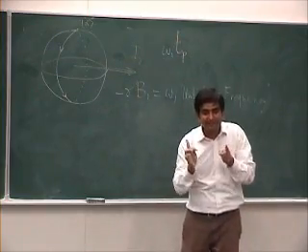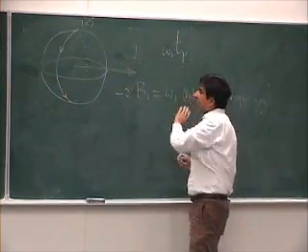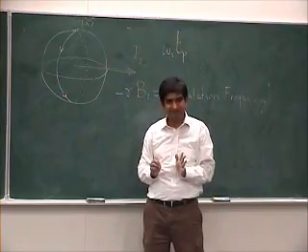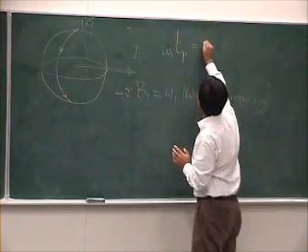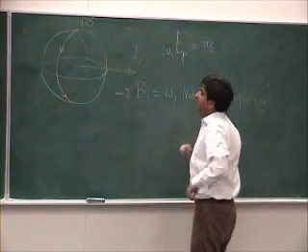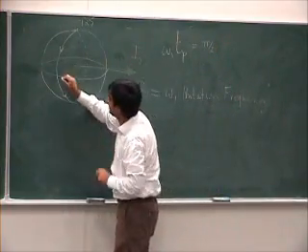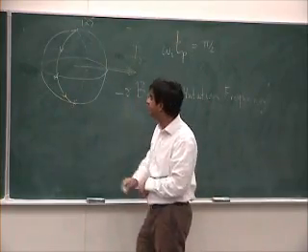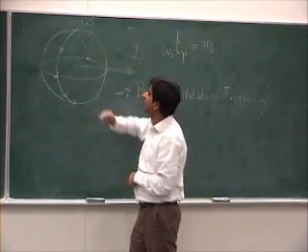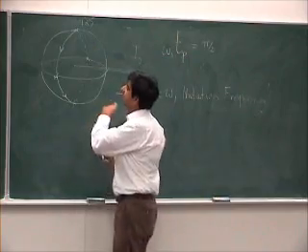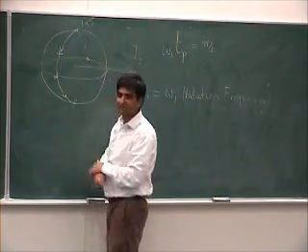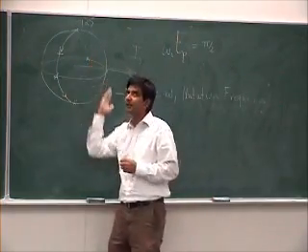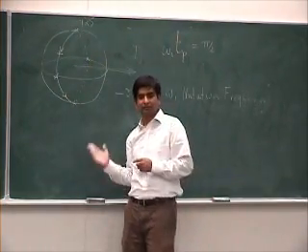The product of this omega 1 and Tp determines the angle of rotation. ठीक है? If this is pi by 2, you end up here. If this is pi, you end up here. This is 3 pi by 2, you end up here. If this is 2 pi, you end up here. If this is pi by 4, you end up here. You can end up anywhere on the Bloch sphere, on this meridian circle.